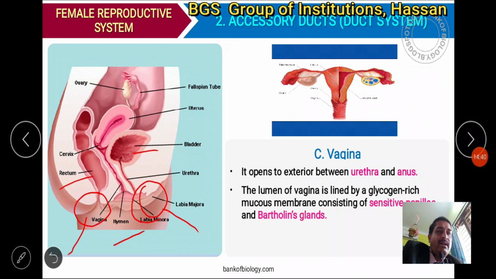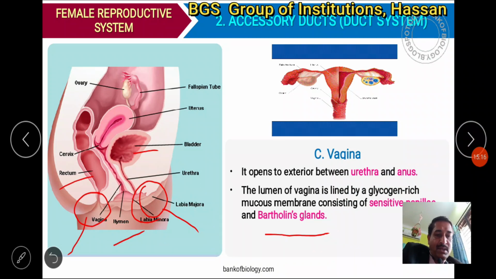Then the lumen of the vagina, the inner part, is lined by glycogen-rich mucous membrane. What are they doing actually? They consist of sensitive papillae. Another important one is the Bartholin's glands. Bartholin's glands are very important.